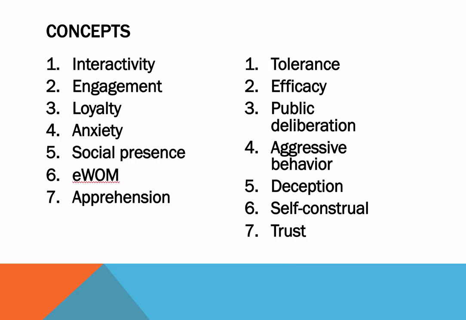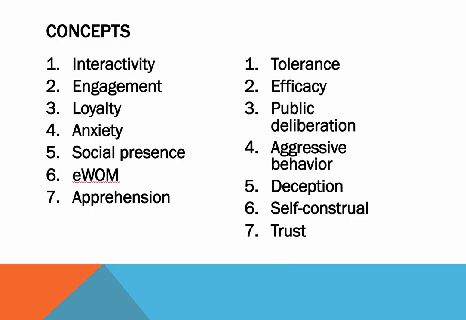Here are some examples of concepts: interactivity, engagement, loyalty, brand loyalty, store loyalty, social presence. Do I feel like there's some sort of presence of some being there? EWOM, electronic word of mouth, is popular, I believe, in marketing.